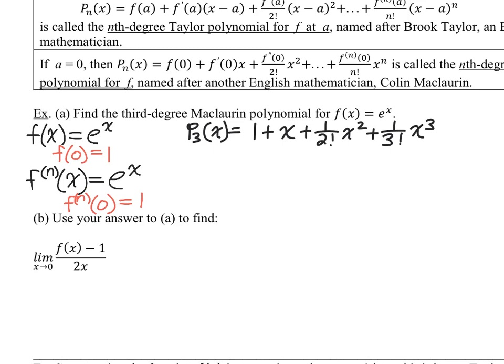Now, if I were to plug e to the x in for f of x, I get e to the x minus 1 over 2x, which is indeterminate. I would apply L'Hopital's rule, and after a step or two, I would get the answer. It's not that crazy.